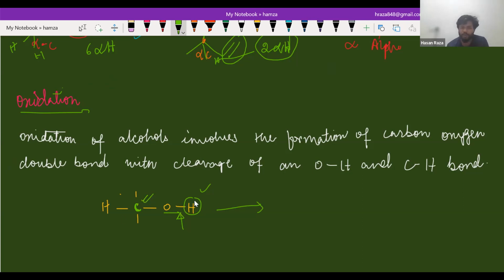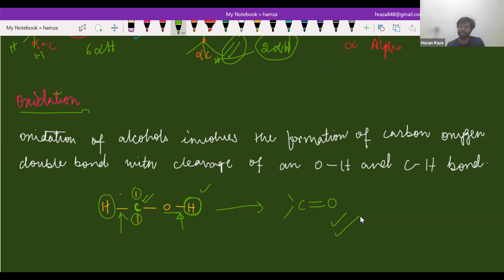So now you see this OH, that means this hydrogen will be eliminated, and this hydrogen will also be eliminated. Now this carbon will have two bonds left, and you can see oxygen, one bond. Now neither oxygen nor carbon is satisfied because it doesn't have 8 electrons in the outermost shell, so they make a double bond with each other, and in this way alcohols oxidize.